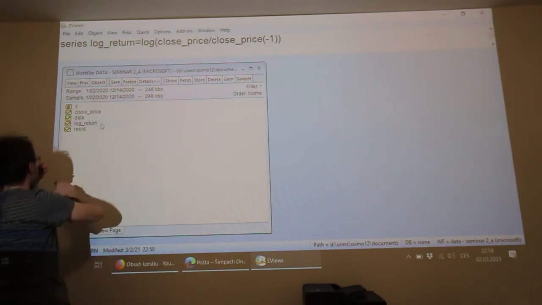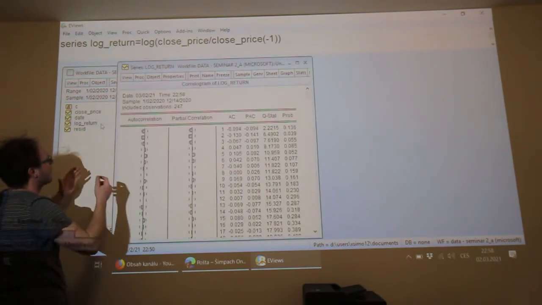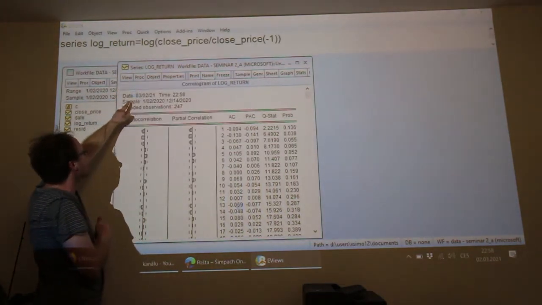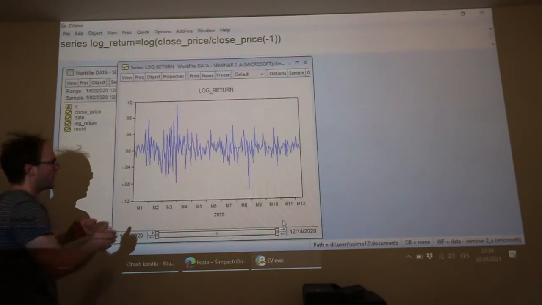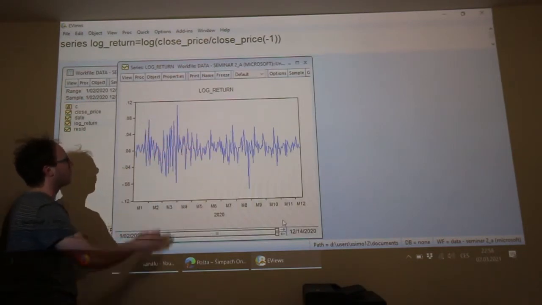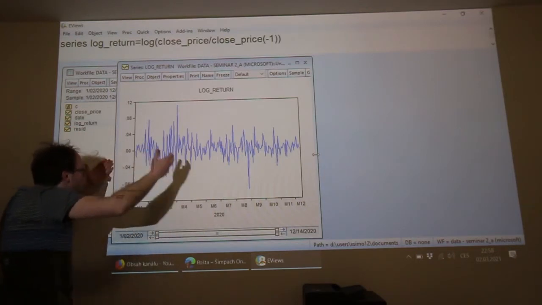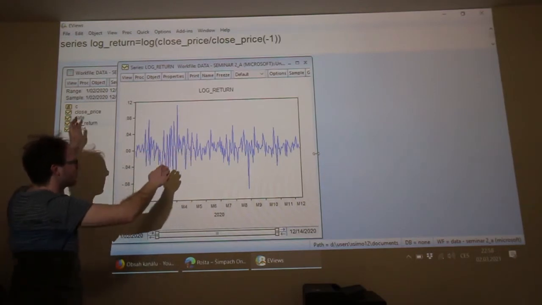So we can double click on these log returns and click on the view button, graph, and we can check what is here. There is the development of these log returns.